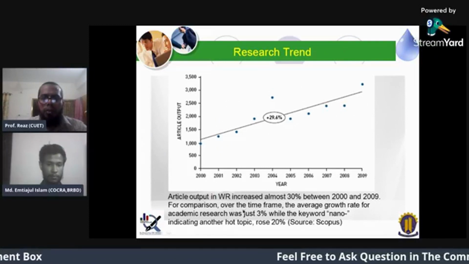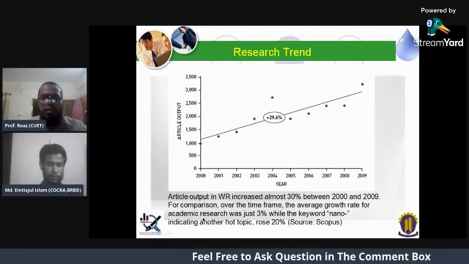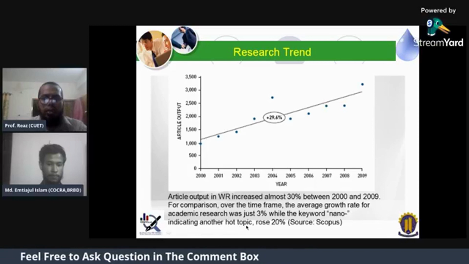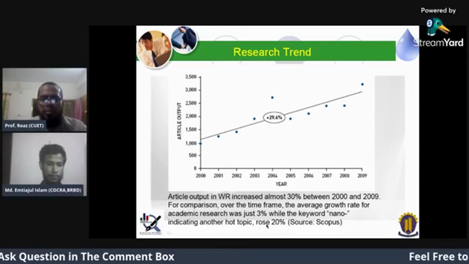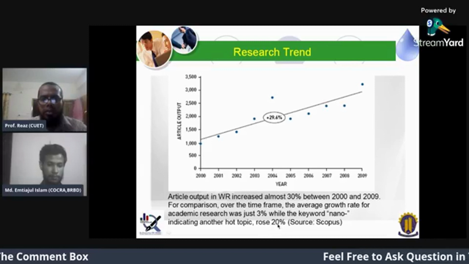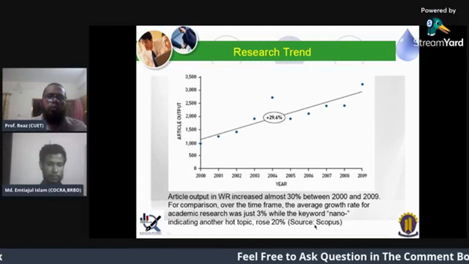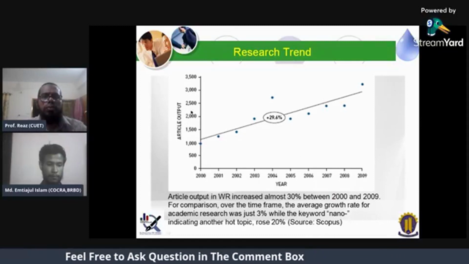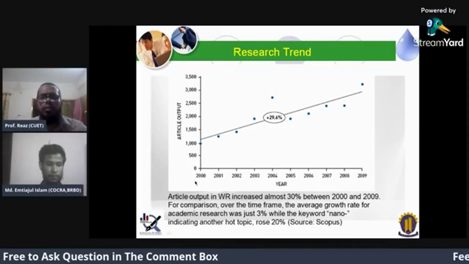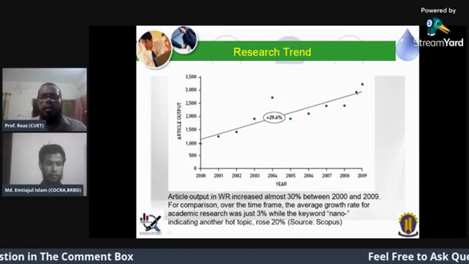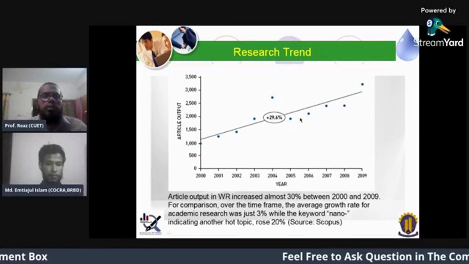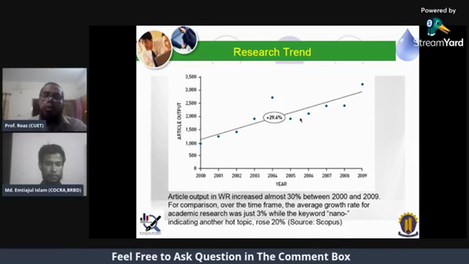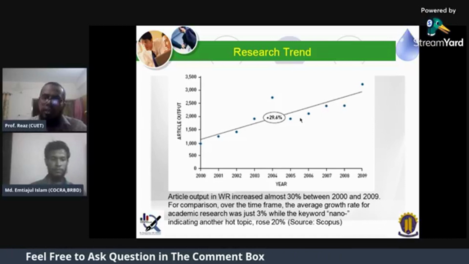For comparison, over the time frame, the average growth rate for academic research was just 3%, while the keyword nano, indicating another hot topic, nanoscience, rose 20%. Its source is Scopus. So you see the article output in the research trend in 2000 to 2009, the growth rate is 30%. So it is a very high growth rate of water related research output.